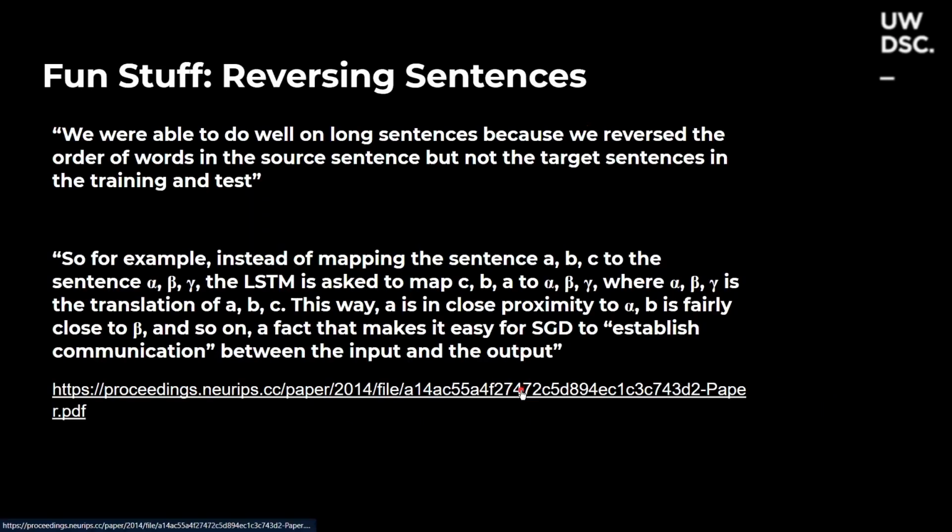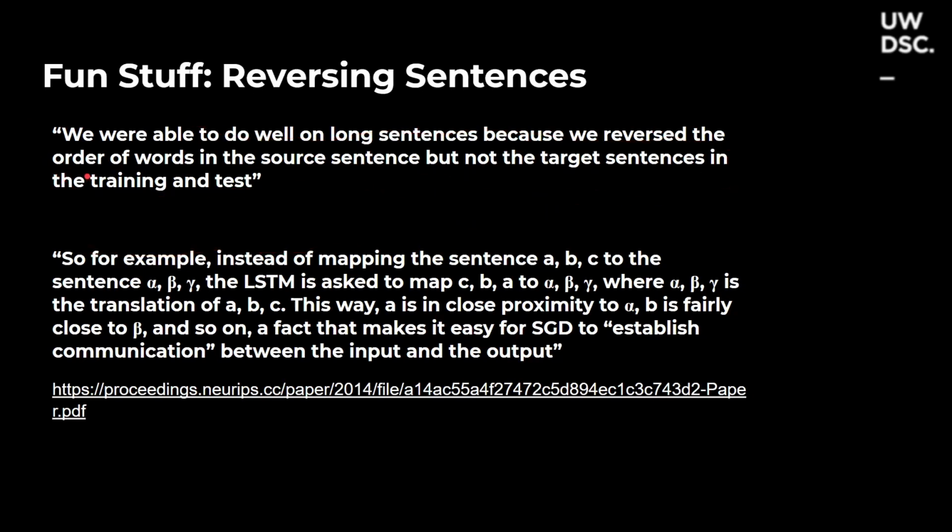Something that I found really fun when reading the papers on sequence LSTM models is that they actually reverse the order of words when they feed in the input, and it actually works better.